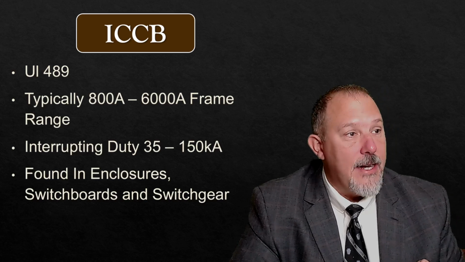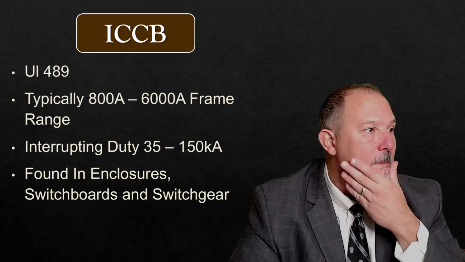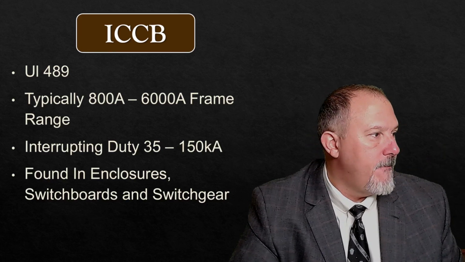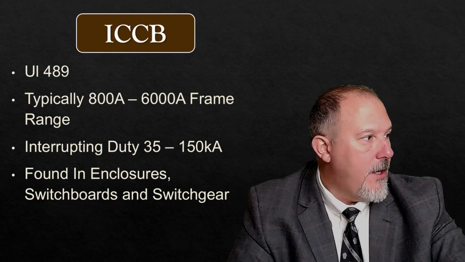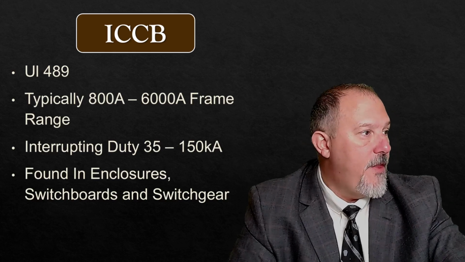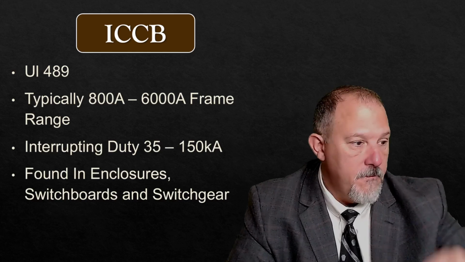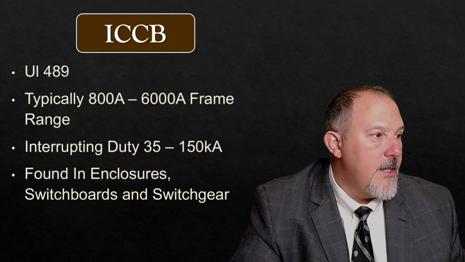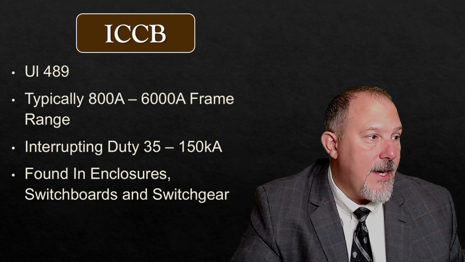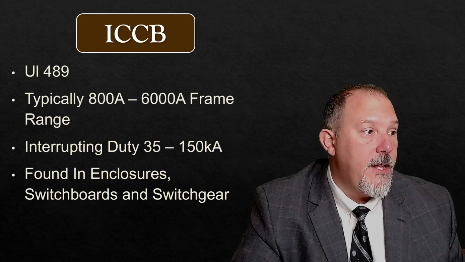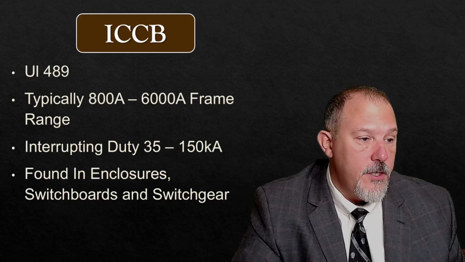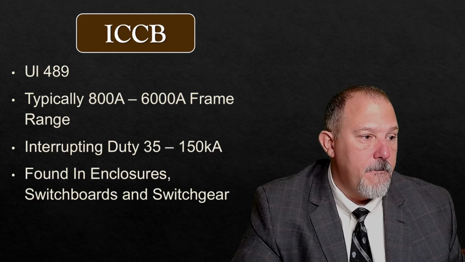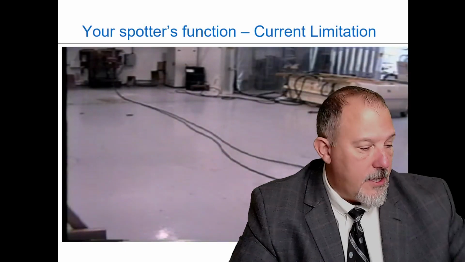Now, I did find my screen, which I'm going to be able to show you. Again, I'm just going to point out that this video is of approximately 26,000 amps, non-current limiting. So this is going to be one cycle of current, 26,000 amps through a conductor.